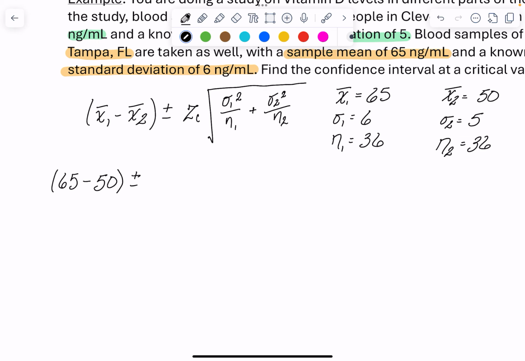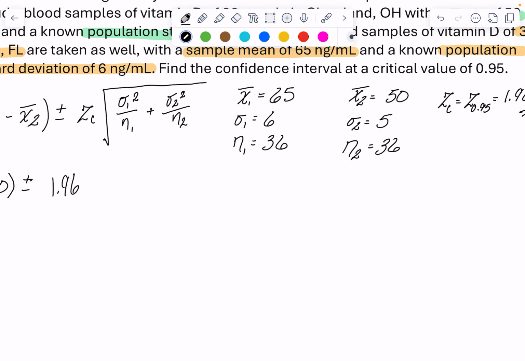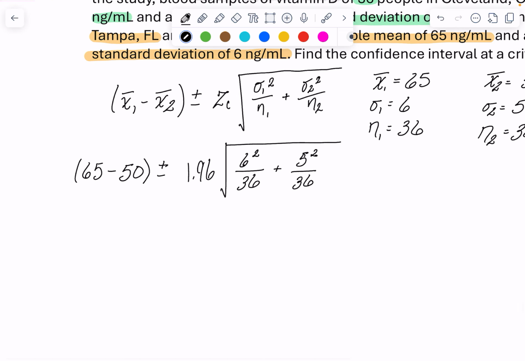We're going to subtract those two together, and then we're going to add or subtract our critical value multiplied by the square root of our population standard deviation for the first group of 6 squared all over the sample size of 36, plus the standard deviation of the second squared, which is 5, all over the sample size of the second sample, which is 36. And we have all of our values.